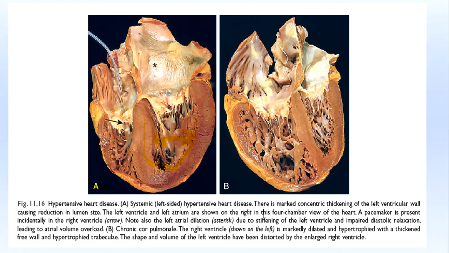The arrow shows a pacemaker that has been inserted in the right side of the heart, and this asterisk shows dilation of the left atrium. In figure B, you can appreciate the right ventricle of the heart is markedly dilated and it has undergone hypertrophy with thickening of the free wall.